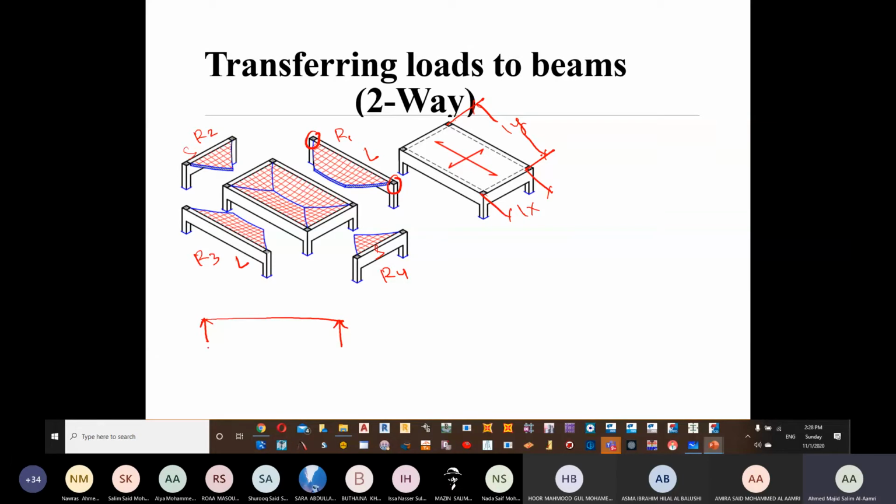The length of the longer beam is going to be Ly, while for the short beam, the length is going to be Lx.